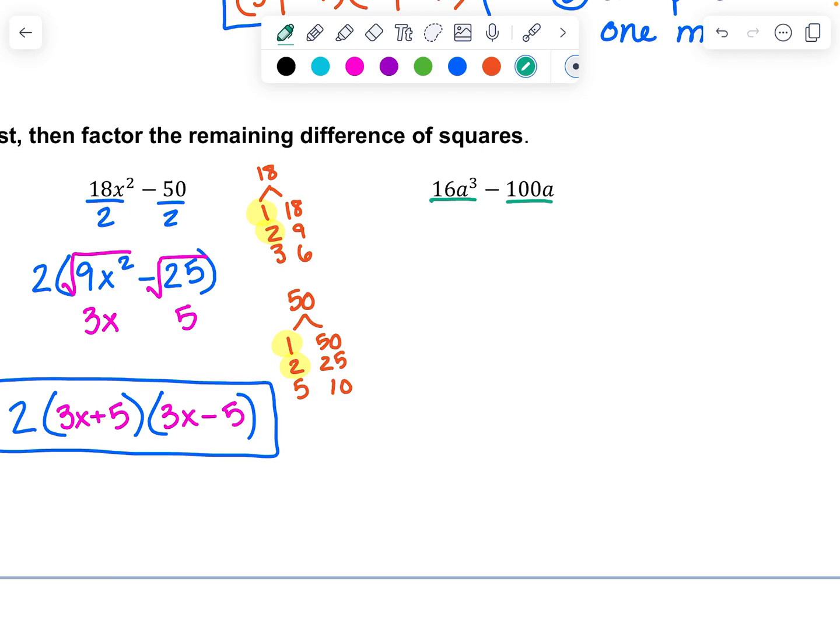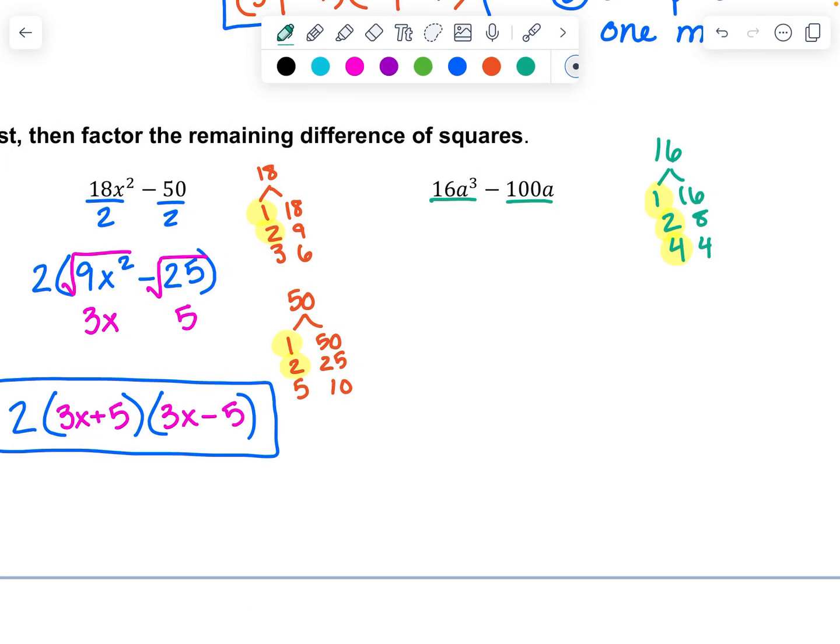Okay. I won't list all my factors of 100, but I'll list mine of 16. And I know that 1 and 2 go into 100. 4 goes into 100. 8 will not divide evenly, and 16 will not divide evenly.